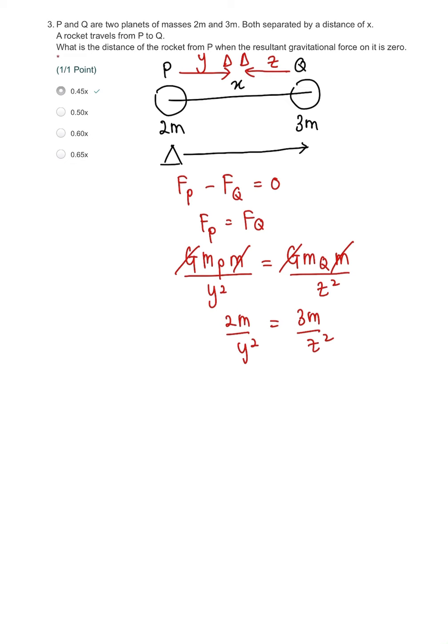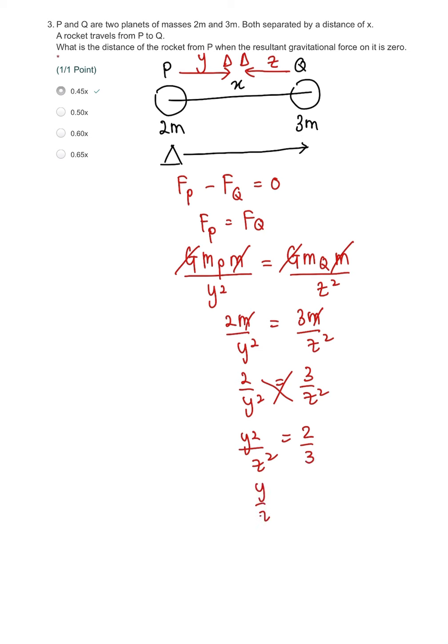Both have m, so we can cancel out. So 2 over y squared equals 3 over z squared. Macam biasa, kita buat dia secara ratio. So y squared over z squared, which means 2 over 3.